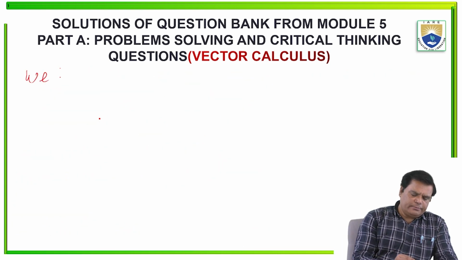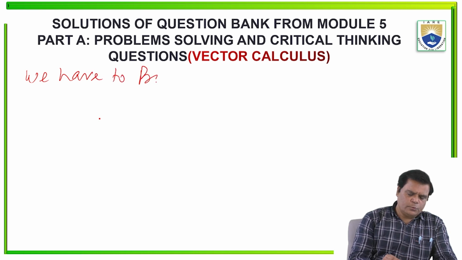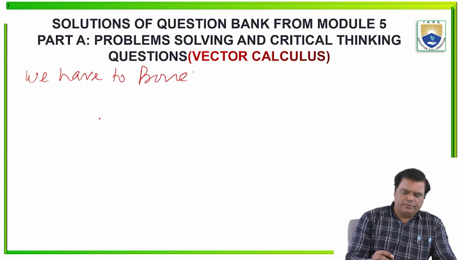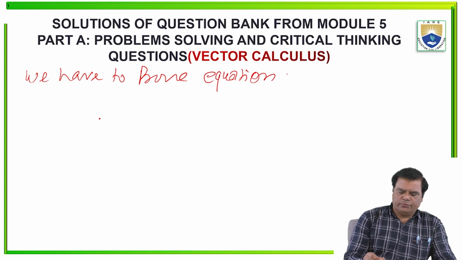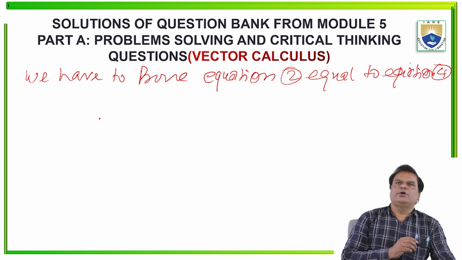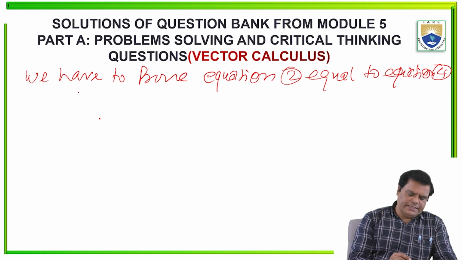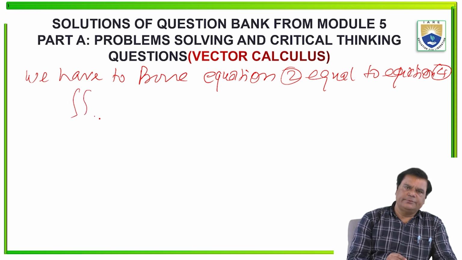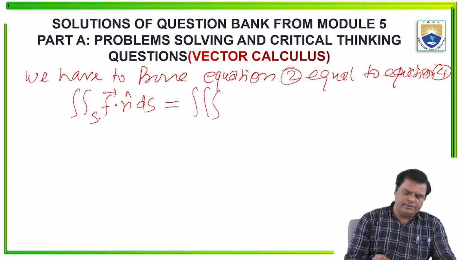We have to prove LHS equals RHS, that is, equation 2 equals equation 4: the surface integral of F dot n dS equals the triple integral over volume V of divergence F dV.